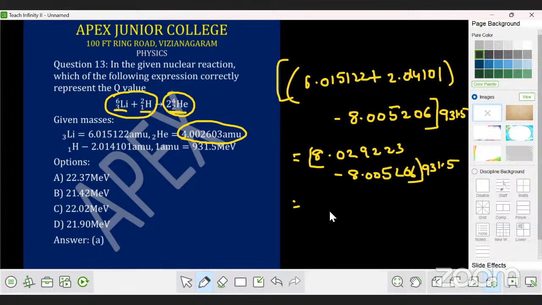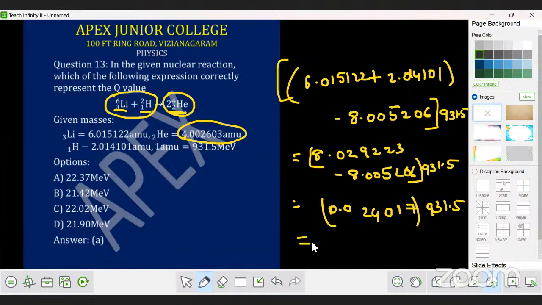By subtracting this from this one, nearly you will get the difference only, 0.024017 into 931.5 MeV.